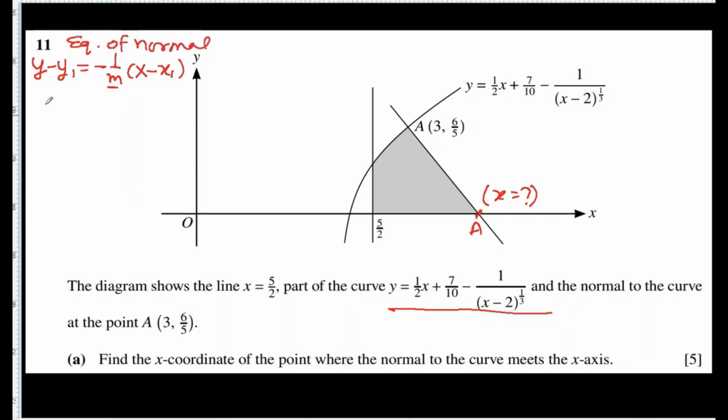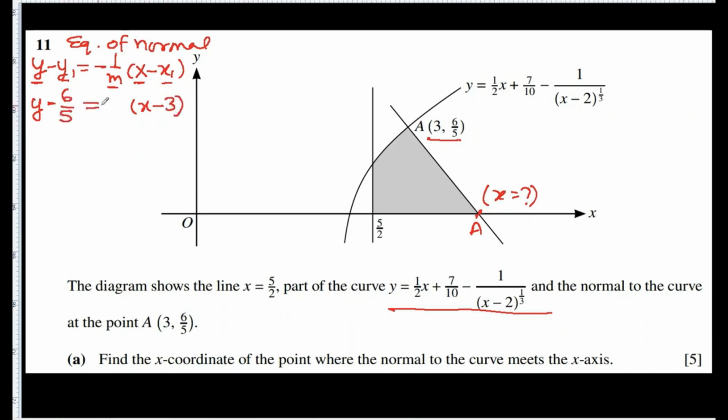So y we don't need to know, x we don't need to know, we'll just write them as they are, y minus something and x minus something. We know x1 and y1, the specific point on the curve where the normal is existing, and that point is this. That means we will write here 6 over 5 and x1 will be 3.